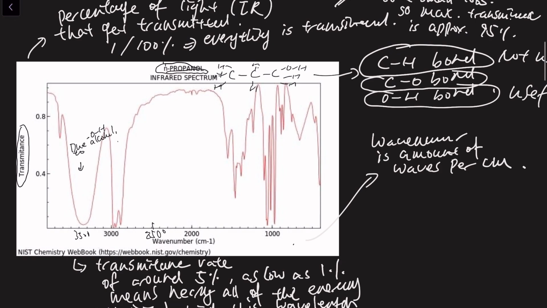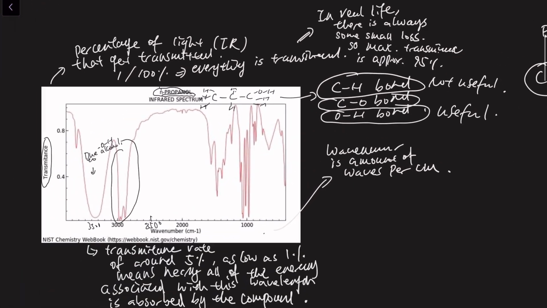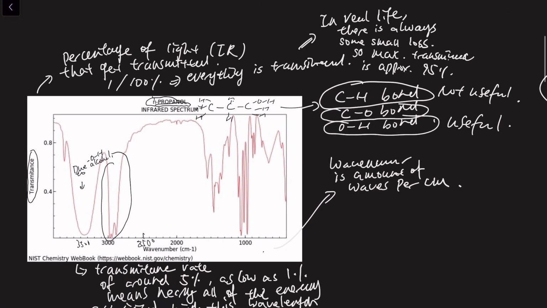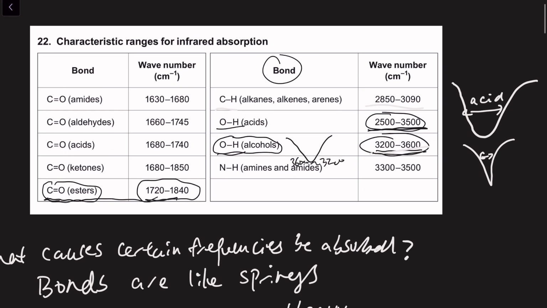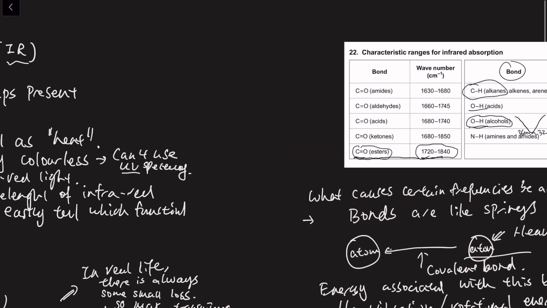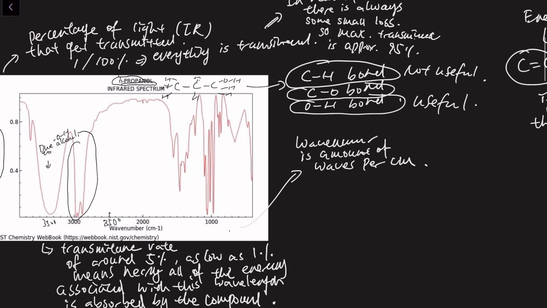And what about this very large drop? If you look at wave number, around 3000, we go back to the data book, and this is actually due to the CH bond.